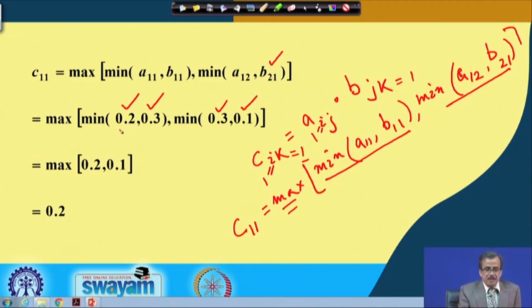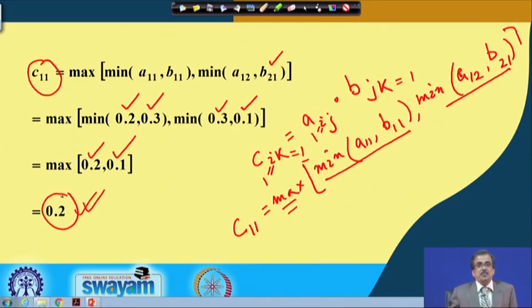If I compare 0.2 and 0.3, the minimum is 0.2. Similarly, comparing 0.3 and 0.1, the minimum is 0.1, and the maximum between 0.2 and 0.1 is 0.2. So C11 is 0.2.